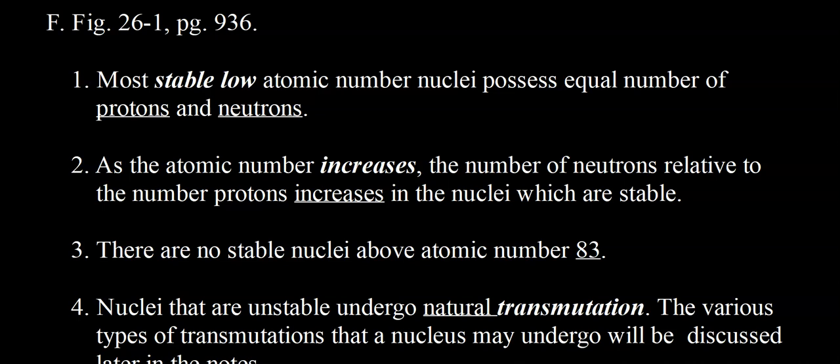So what's going on here? What causes a nucleus to become unstable? We already talked about how the nucleus is really, really small, and in this small space you have lots of like charged particles, meaning protons. Those charged particles don't want to be near each other. They repel each other, so it's the job of the neutrons to help stabilize the nucleus.